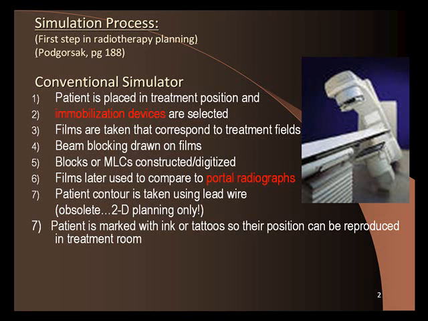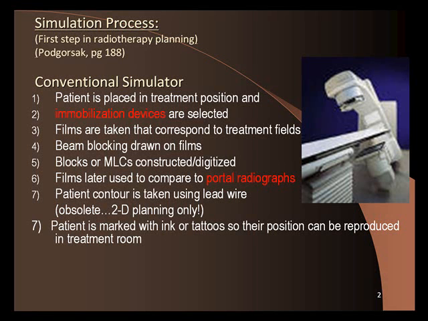So let's go through these bullets. The simulation process basically is to, number one, acquire simulator films. Two, make an immobilization device, and we'll talk about that.